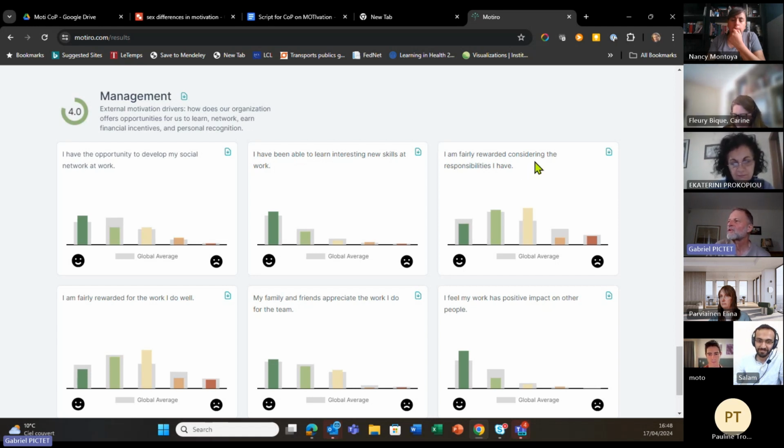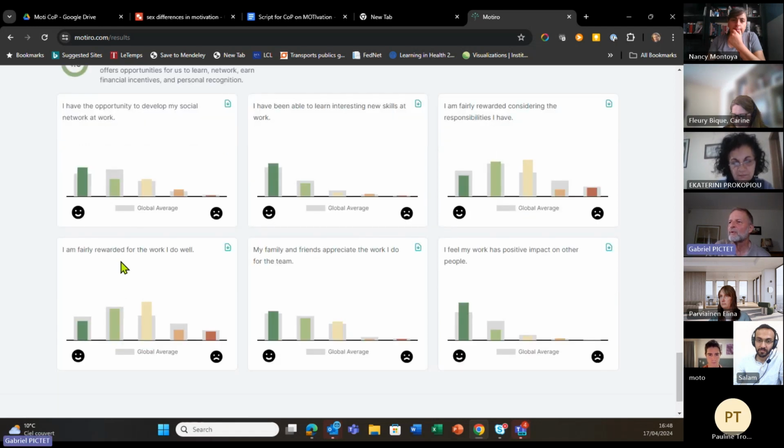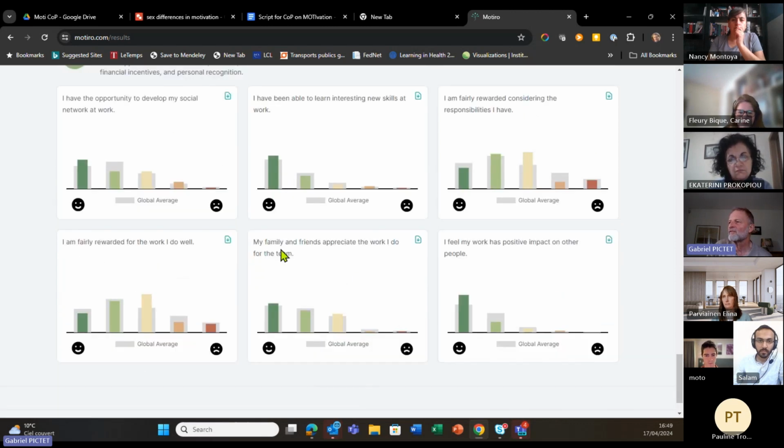I am fairly rewarded considering the responsibilities I have, and I'm fairly rewarded for the work I do well. Usually the scores are a little lower when it comes to rewards than for opportunities to develop my social network or to learn interesting skills, or even status. My family and friends appreciate the work I do for the team. Perhaps even more than for volunteers.